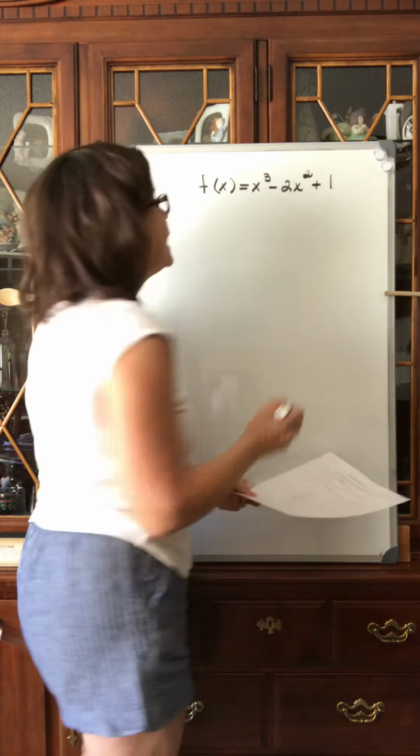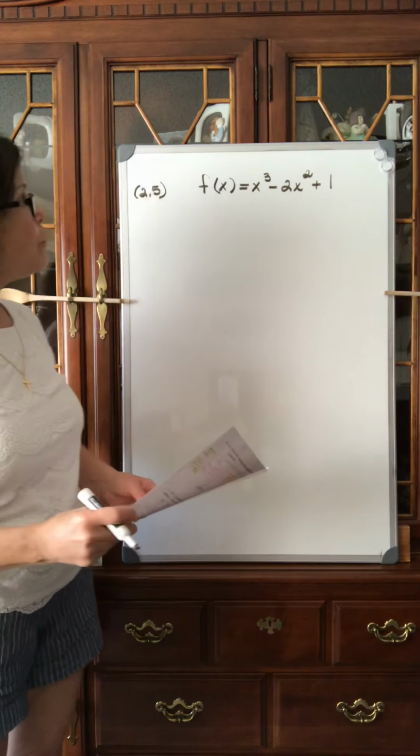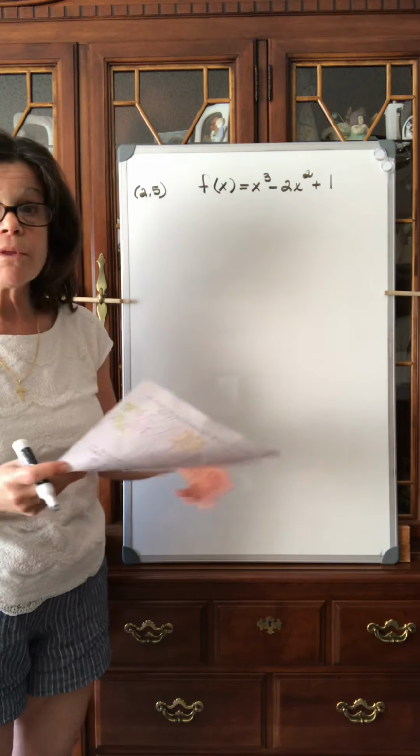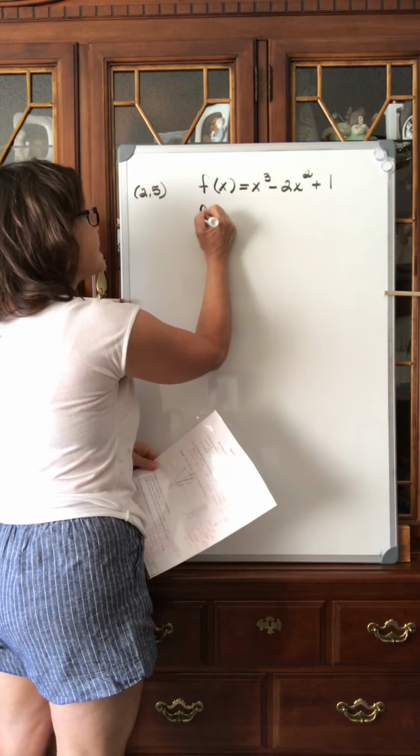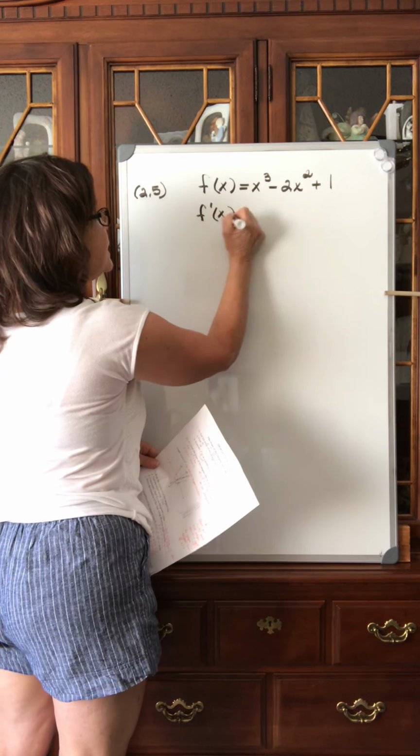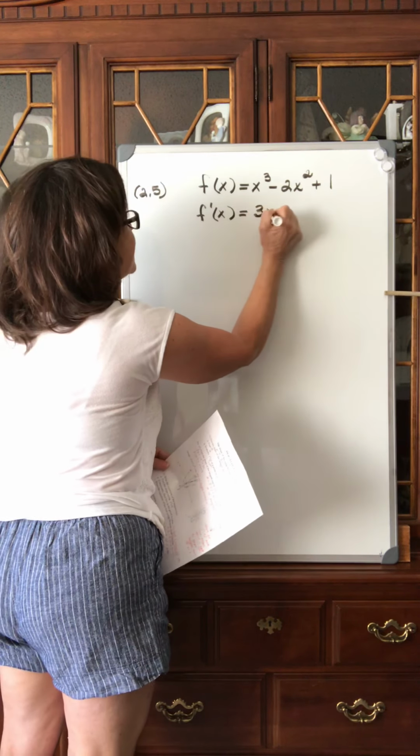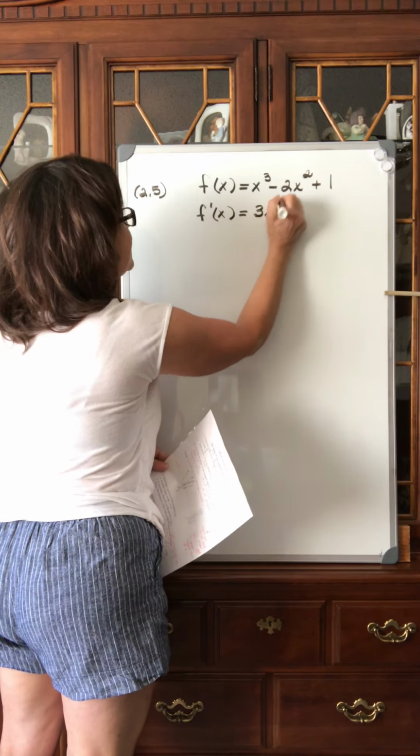So we are using the point 2, 5. All right, so step 1 is you take the first derivative of the function, f prime of x is equal to 3x squared minus 4x. Remember, the derivative of a constant is 0.